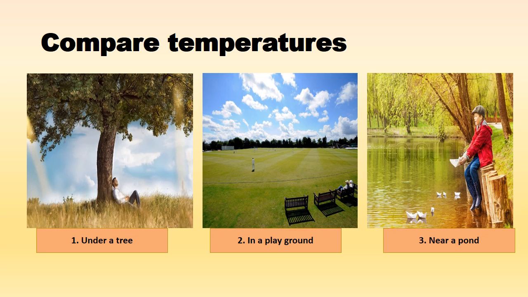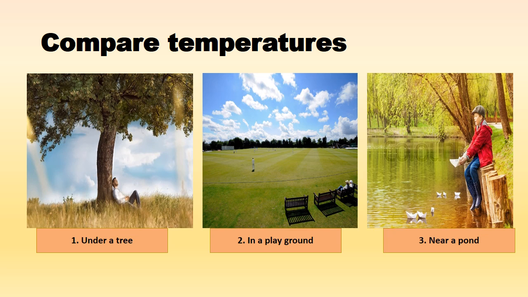So you can go under a tree, and what can you feel under a tree? Is it somewhat cooler or is it hot? Just think, children. Then when you go to a playground, there is plenty of sunlight falling on the playground. So what can you feel, children? You can feel that the place is very warm.